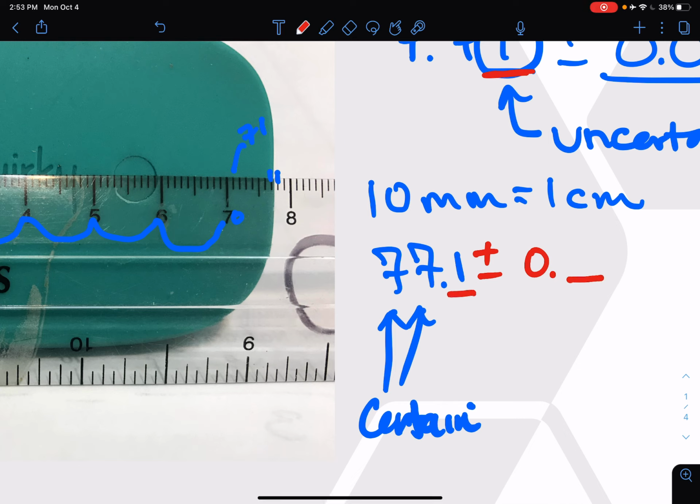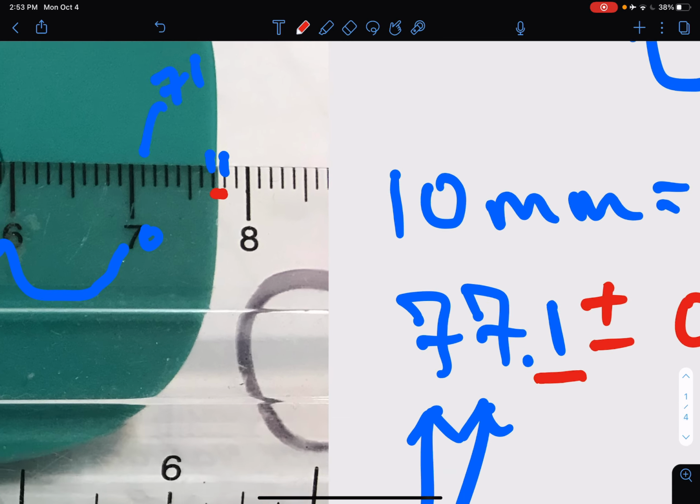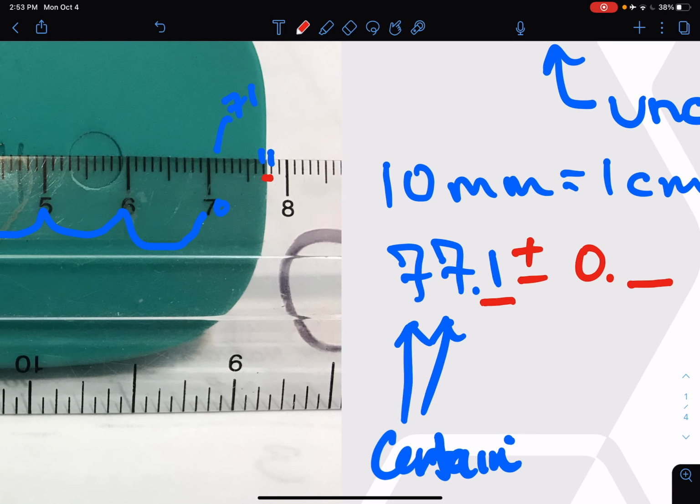Now, between 77 and 78, right here, this distance right here, can you cut that up into 10 different graduations so that you can for sure see 77.1, 77.2, 77.3?